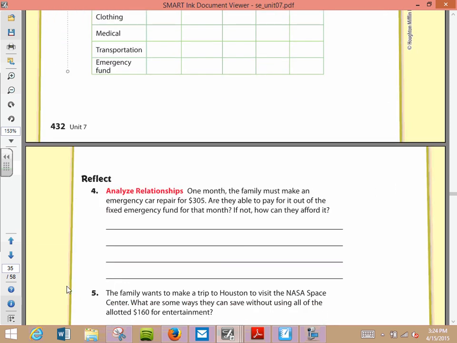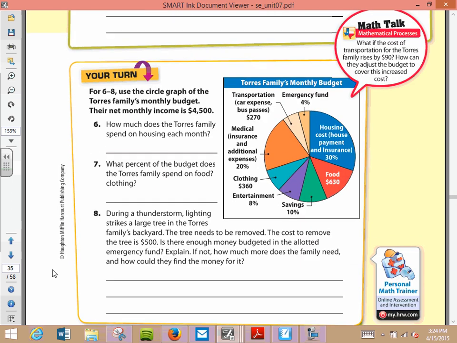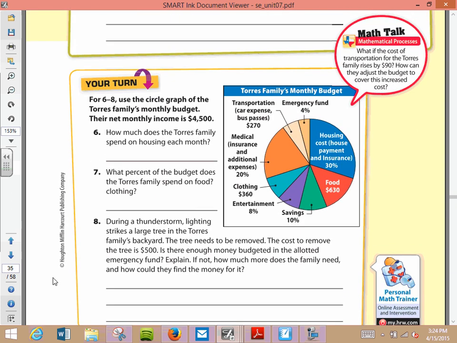So we did all that. The next page, which is page 433, the Your Turn 6, 7, and 8, that's going to be the first extra credit you can do. 6, 7, and 8. The only homework you have is the first part, the one that we just got initiated.